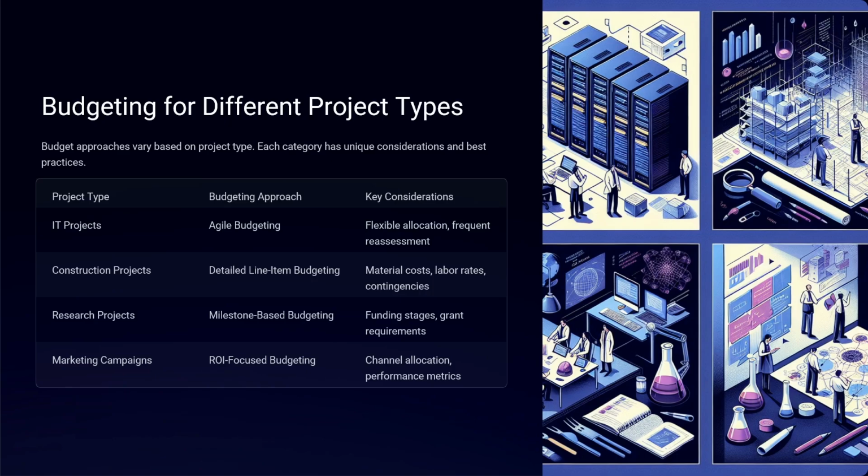For IT projects, we use agile budgeting, which means we regularly review and adjust the budget as needed to stay flexible. For construction projects, we use detailed line item budgeting, also called work breakdown structure, WBS. We find it in different ERP systems like SAP.